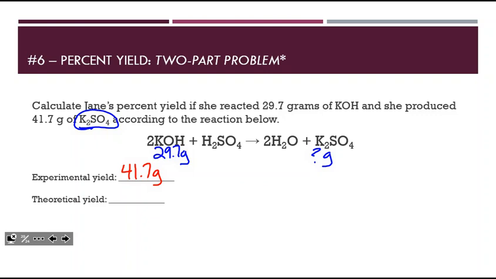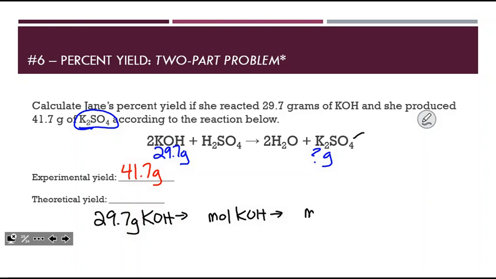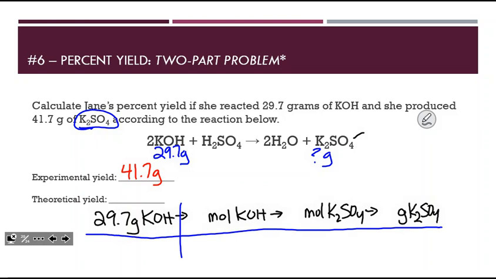Starting here with our 29.7 grams of the potassium hydroxide, then we go to moles of the potassium hydroxide, then we can come over here to the moles of the K2SO4, and then we can get over to grams of K2SO4. And set up our T-chart.